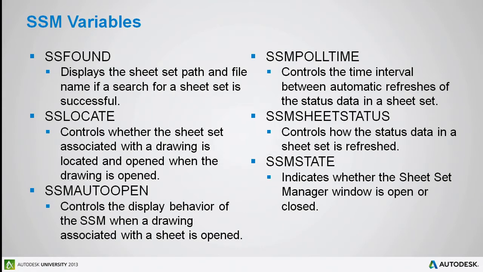So if that drawing is associated with a sheet set, AutoCAD knows that. If you open up that drawing through Windows Explorer, double-click on it, and SSLOCATE is turned on, it tells AutoCAD to go and find that sheet set file and open it up in Sheet Set Manager. Right? And I think that works in conjunction with SSMAUTOOPEN. All right?